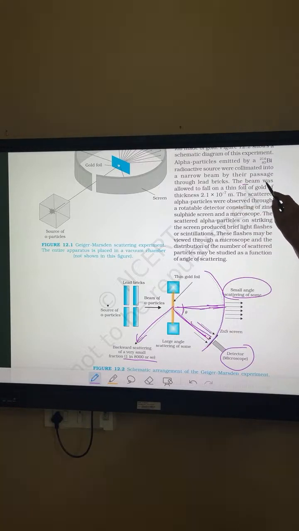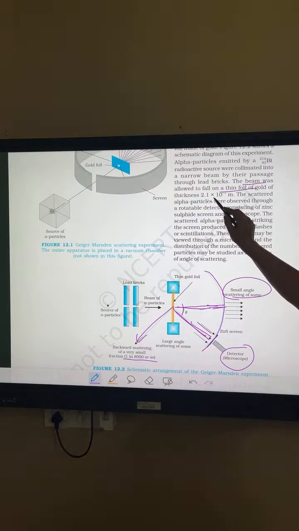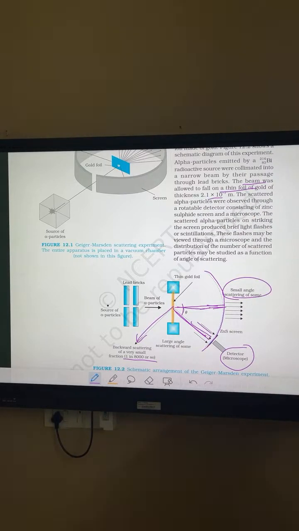So what is given here? The beam was allowed to fall on a thin foil of gold of thickness 2.1 into 10 power minus 7 meter. You can imagine how small it is. So 2.1 into 10 power minus 7 meter means 2.1 into 10 power minus 4 millimeter.